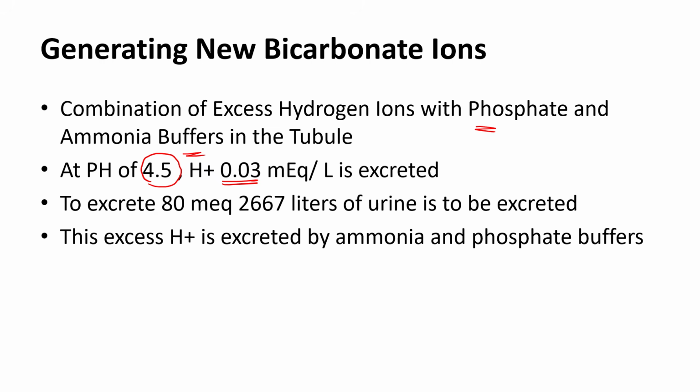But how much do we require to be excreted? 80 milliequivalents. So to excrete 80 milliequivalents, 2667 liters of urine would have to be excreted. So to prevent this excess water loss, that 80 milliequivalents is handled by ammonia and phosphate buffers, which are titratable acids.